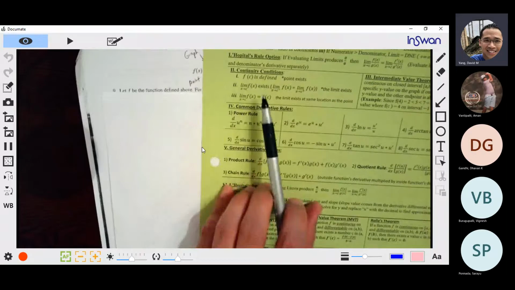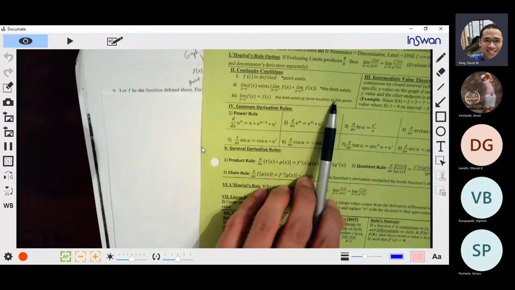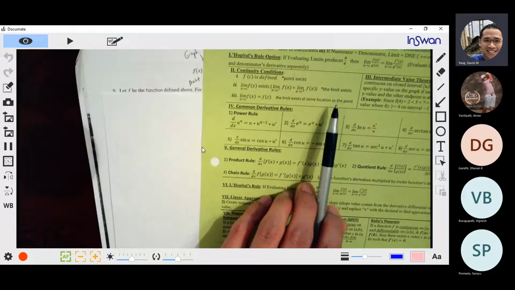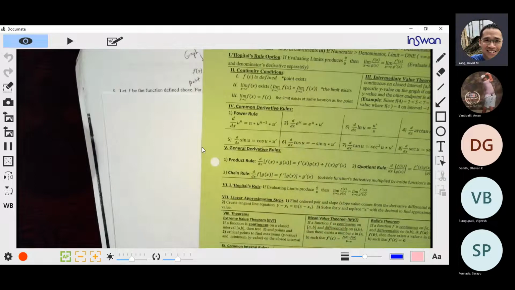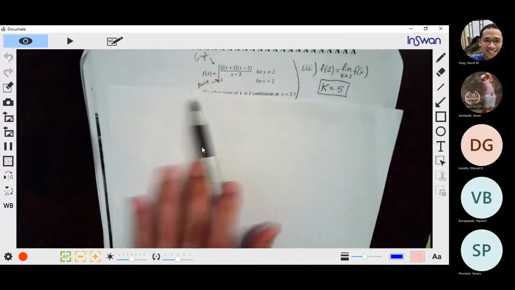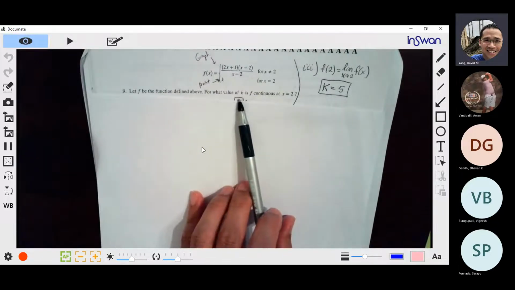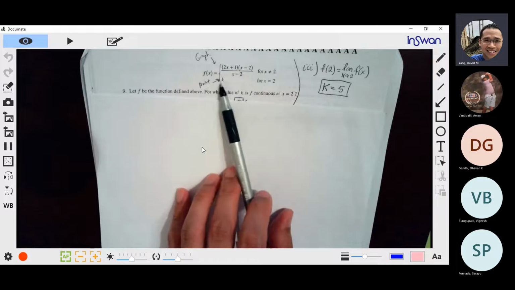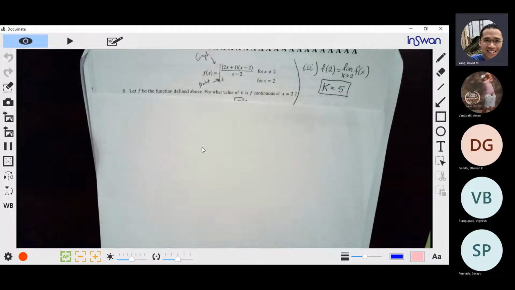If they are, then we can say that all 3 conditions pass, and the function must be continuous through that point. But it's saying, for what value of k is the function continuous? So we're trying to figure out what we can define for k that will allow this to connect through that hole, if there is a hole.